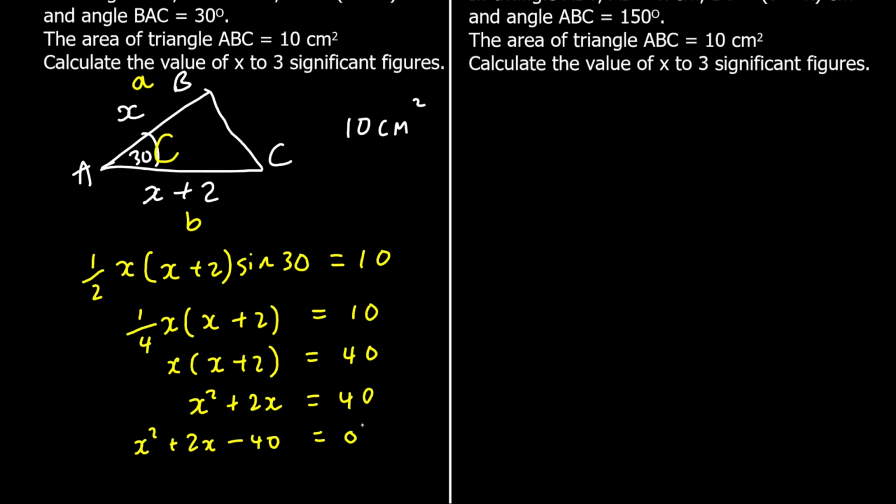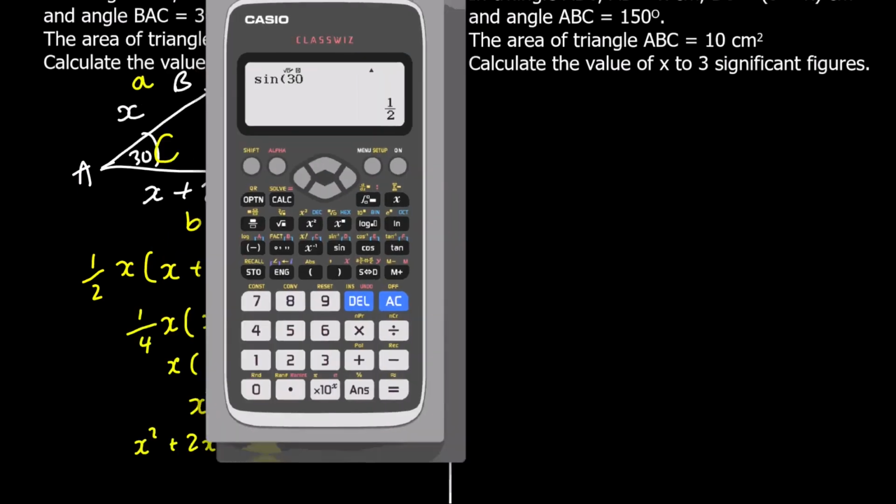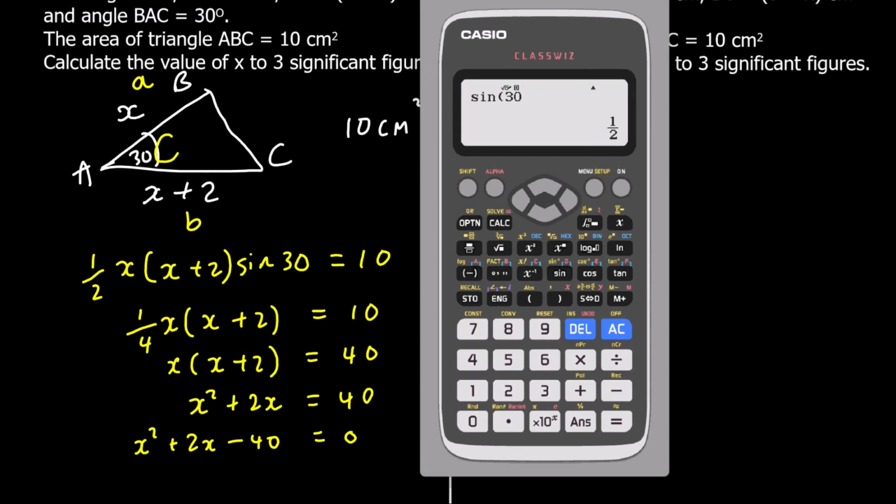We could either use the quadratic formula or complete the square, or seeing we've got a calculator, we can just use the calculator. So you go down to equation or function, polynomial, degree 2, we've got 1x squared, 2x's, and minus 40 on the end. So we've got -1 plus root 41, which is 5.40.